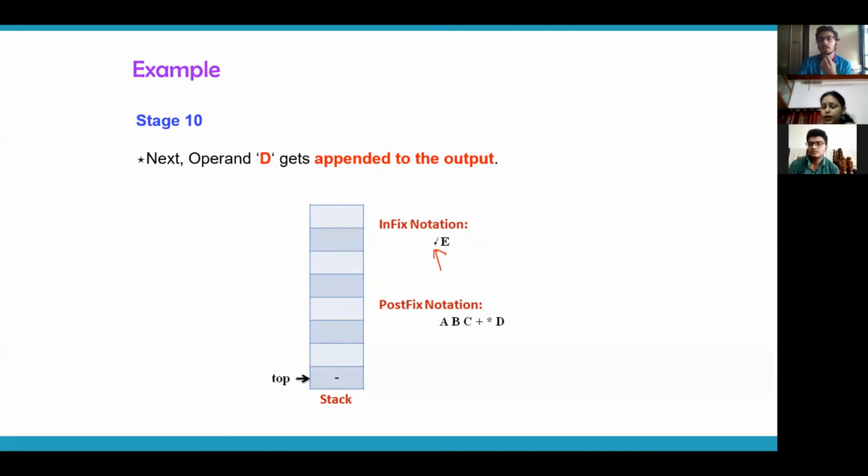What is the priority of division? Division is more important than minus, right? So if a small person is sitting inside and the one coming has more importance, the small person has no problem sitting together. Only if the one inside is bigger do you have a problem. So you will take division inside. Minus has lower priority, so it has no problem with division coming inside.